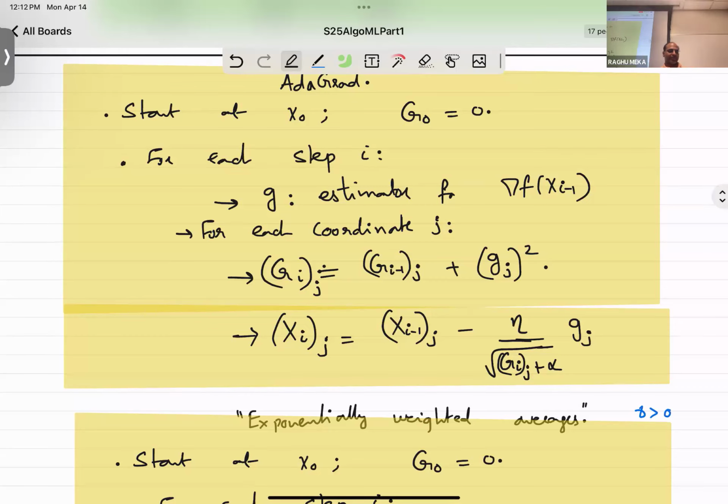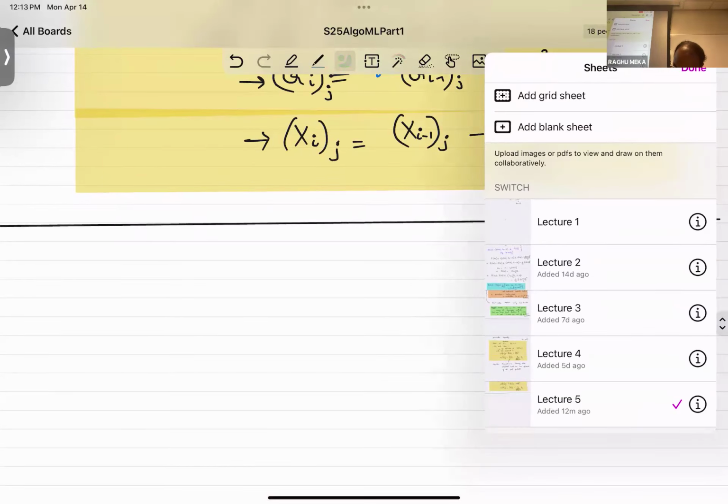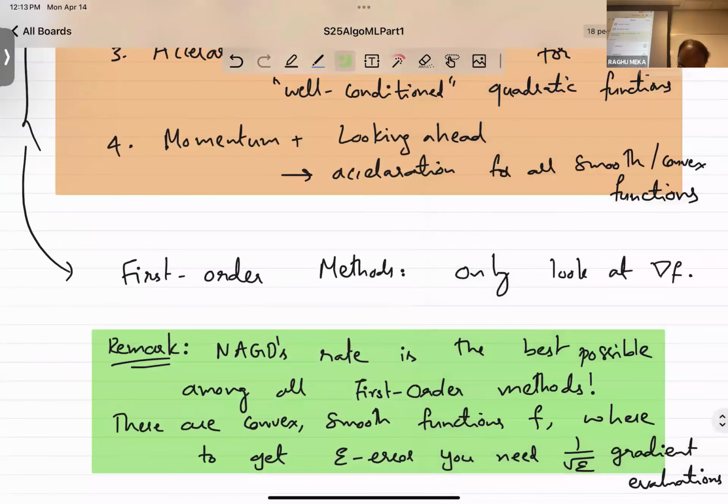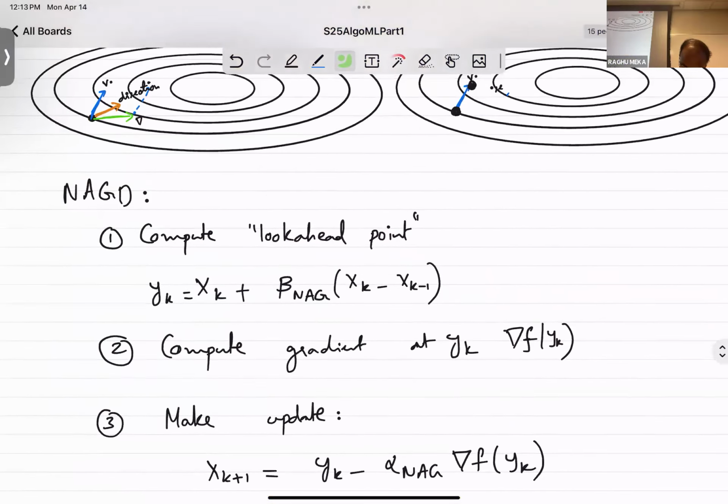Can we incorporate momentum into it? Sure, we can. Just add the corresponding equations and let's hope for the best, right? But let me rewrite the momentum update in a slightly different way. It's exactly the same thing. The heavy ball version, not the Nesterov version.